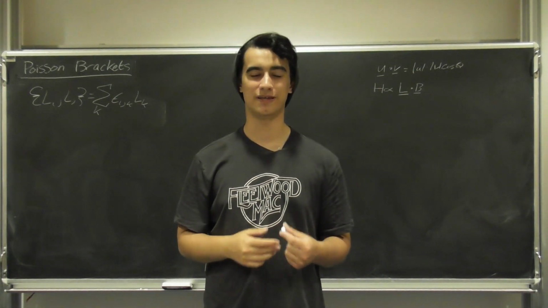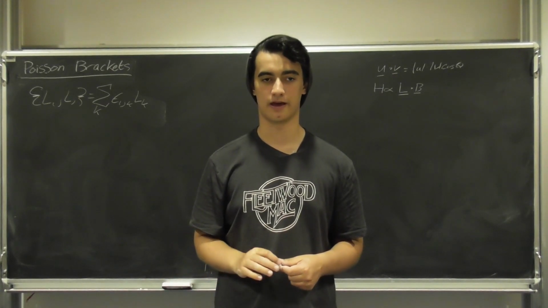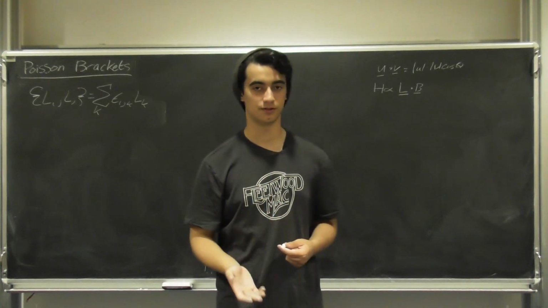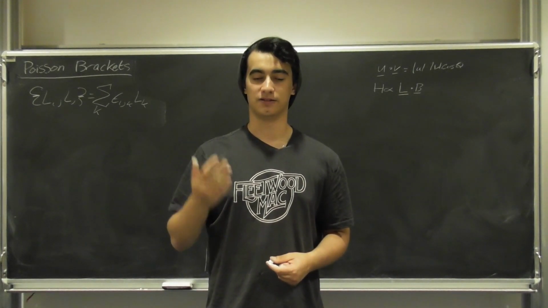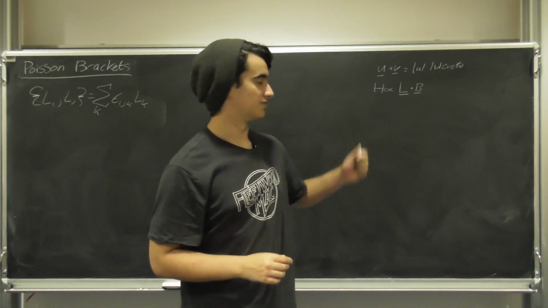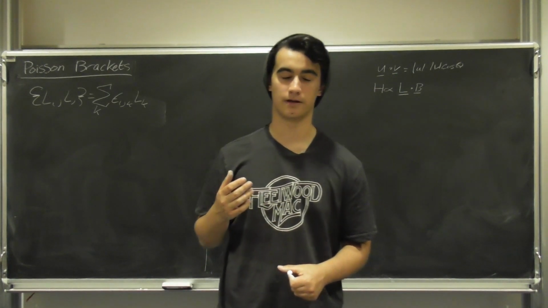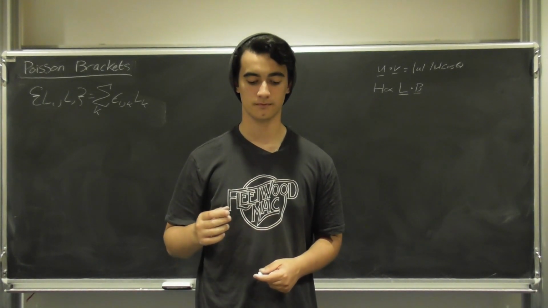We can group a lot of the terms together as a constant, like the magnitude of the magnetic field and the cosine of theta, and we'll call that constant omega.